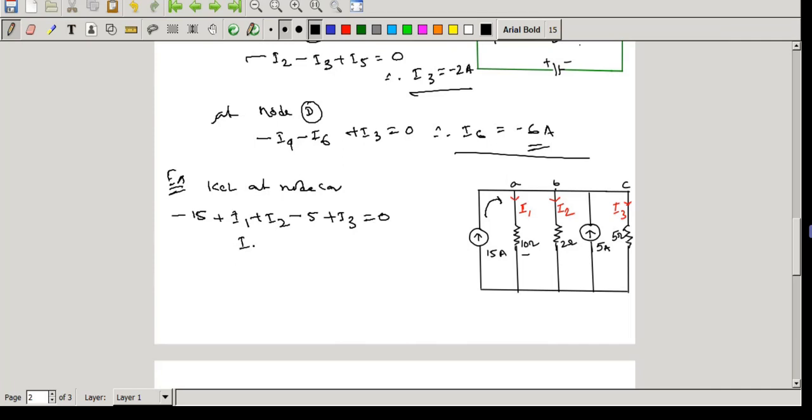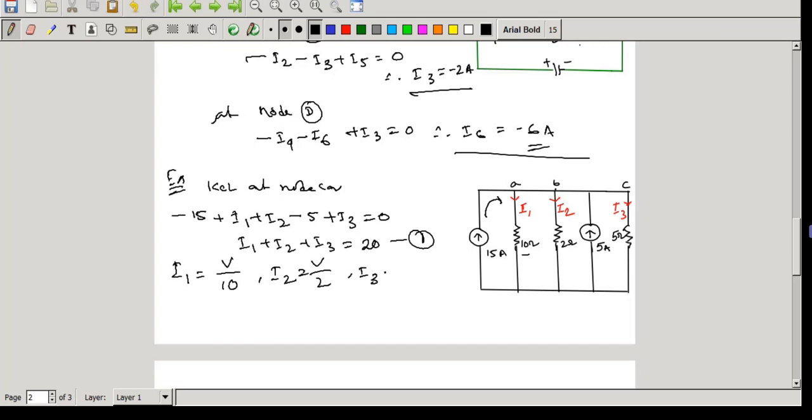So from here we can write I1 plus I2 plus I3 equals 20. This is the first equation. Now, using Ohm's law, we can identify the current of each branch. So I1 equals the total voltage divided by the 10 ohm resistance, and I2 equals the total voltage divided by the 2 ohm resistance.